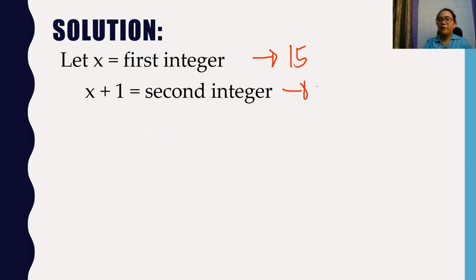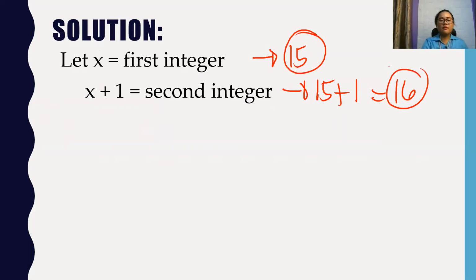So, yung 15 na x, dagdag ng 1, kasi ito yung second integer natin, is equal to 16. Therefore, the two consecutive integers are 15 and 16. Positive 15 and 16. Okay?